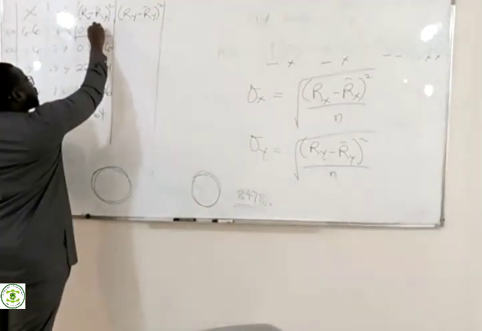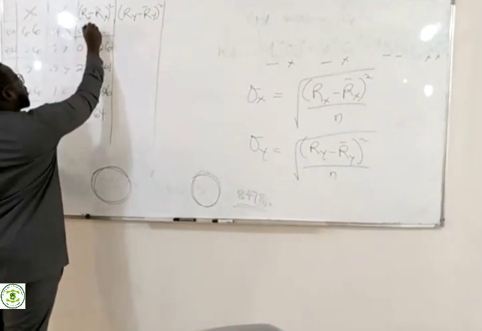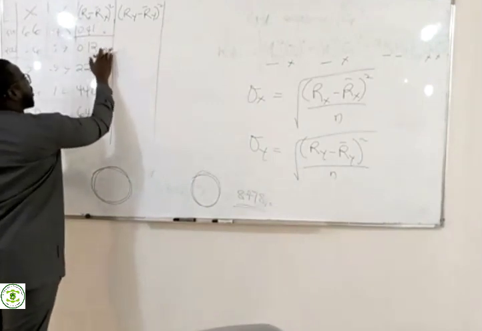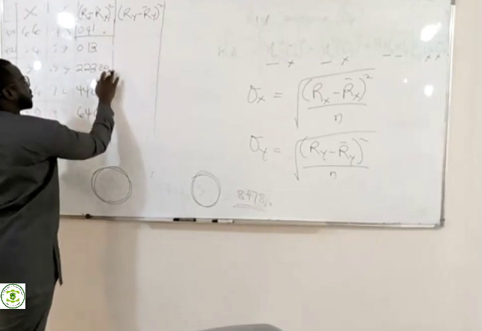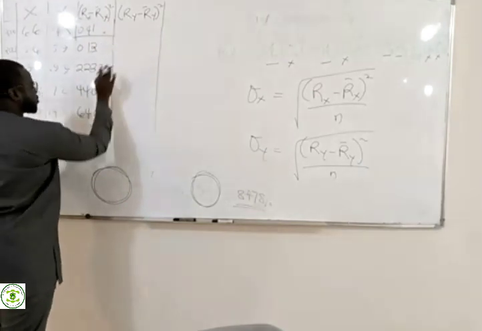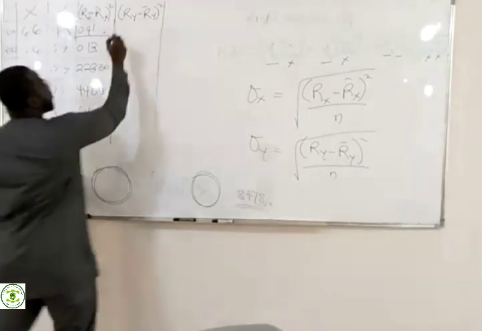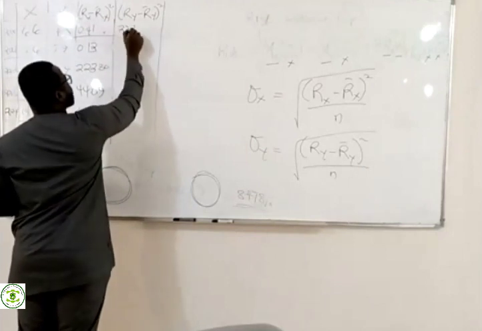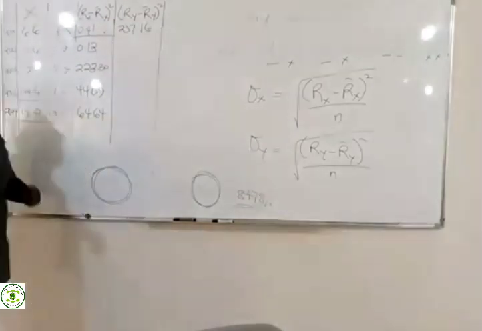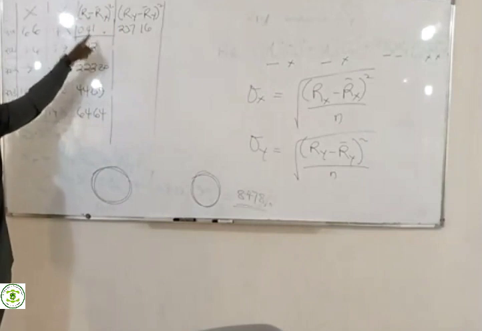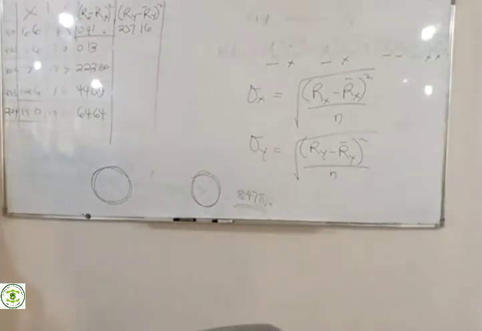So here I'll make it 0.41, and this one 3. I had the first one 237.16. So someone should be summing this side for us.